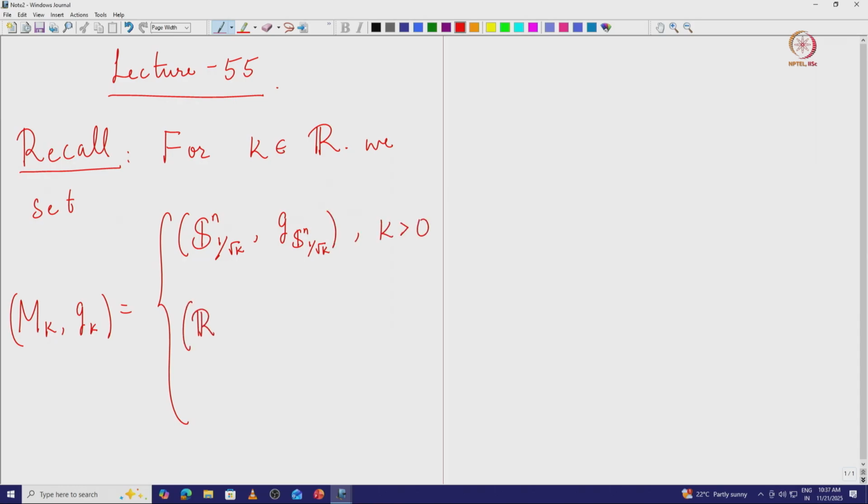It is the usual Euclidean space Rn, Grn if kappa is 0, and it is a hyperbolic space of radius 1 by square root of minus kappa. So these are M kappa of dimension n, if kappa is negative. Okay.